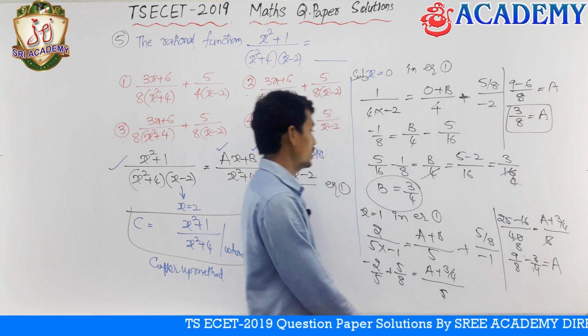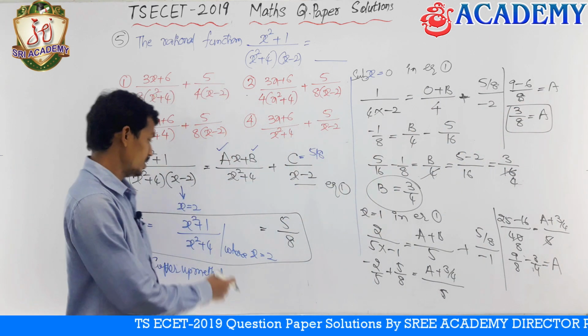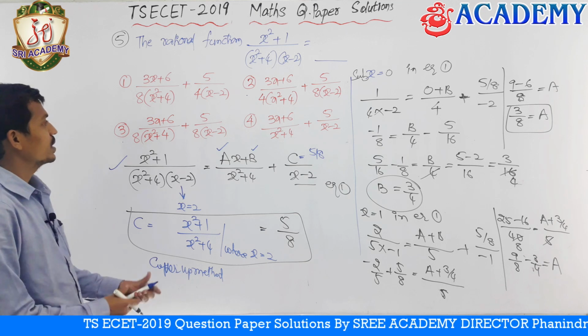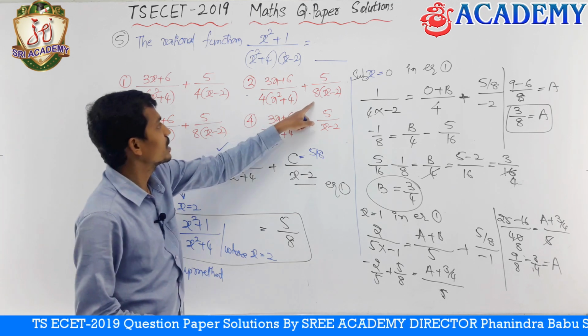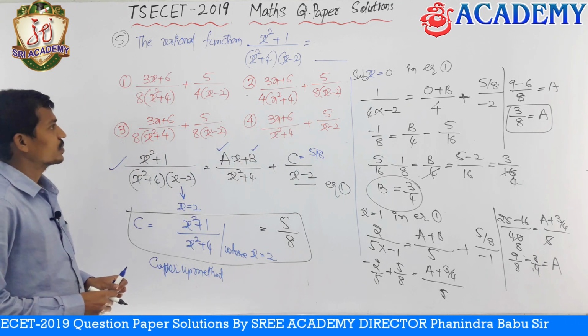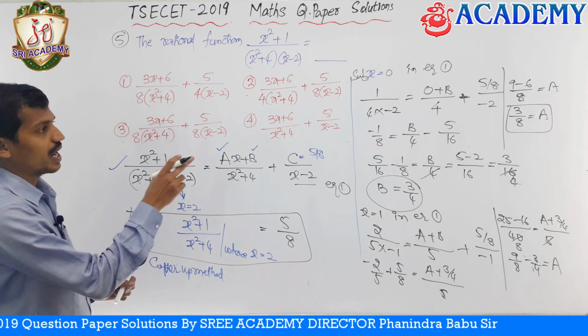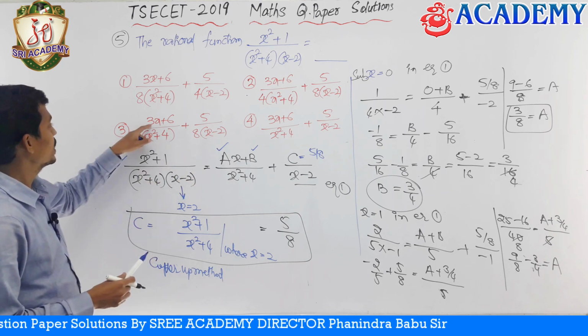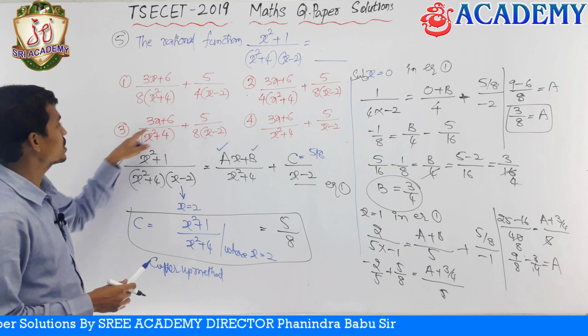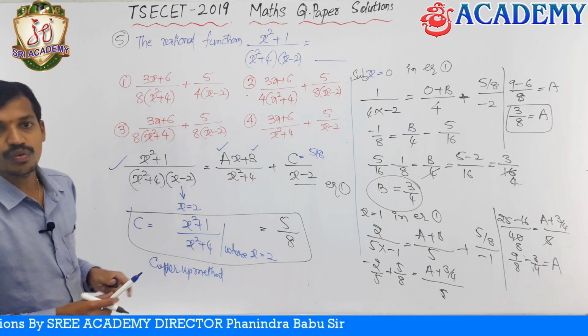So a value is 3 by 8, b value 3 by 4, c value 5 by 8. Here 5 by 8 is there, here 5 by 8 is there. The a value 3 by 8 plus 6 by 8 is nothing but 3 by 4.